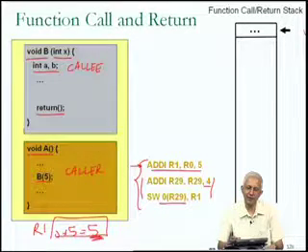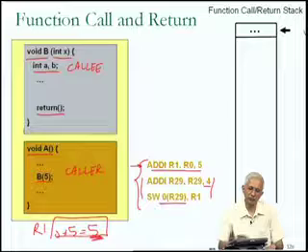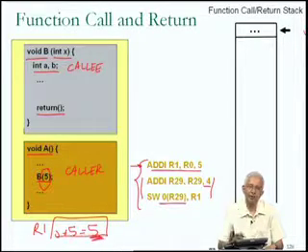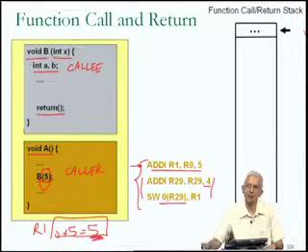And this is a stack where at any given point in time, the stack pointer points at the current top of stack, which is why I increment the stack pointer first and then I store into that location. So the stack pointer R29 always points at the current top of stack. So the net effect of these three instructions is that my parameter value 5 gets pushed onto the stack.